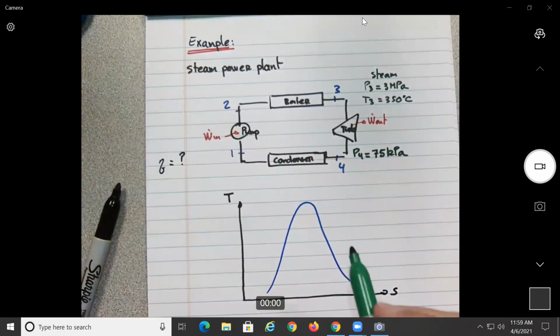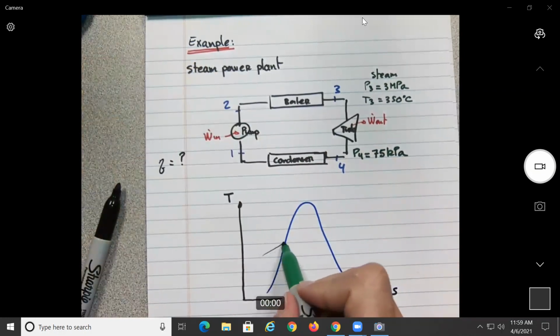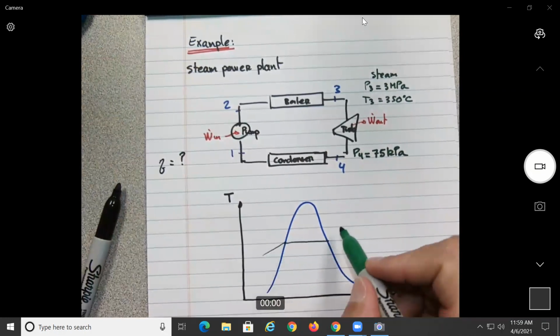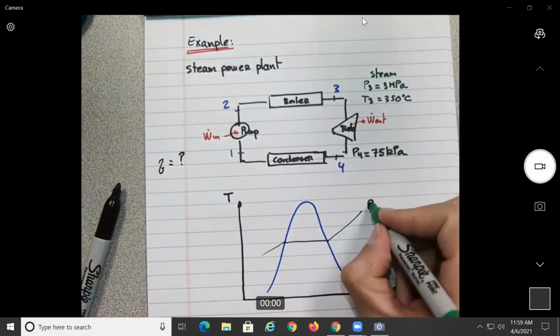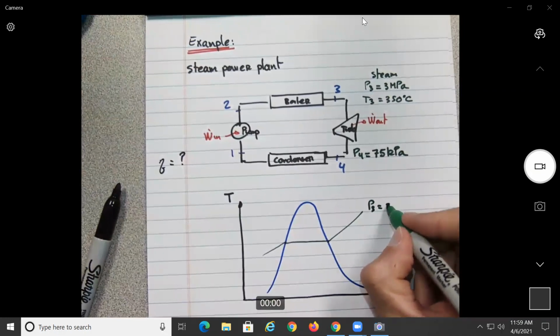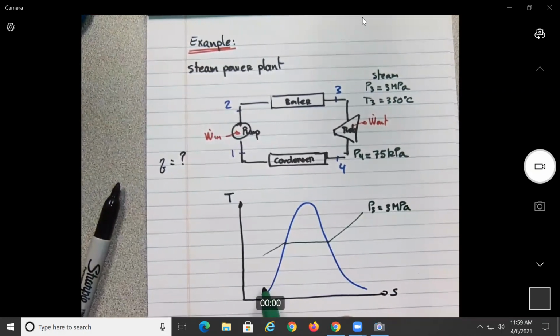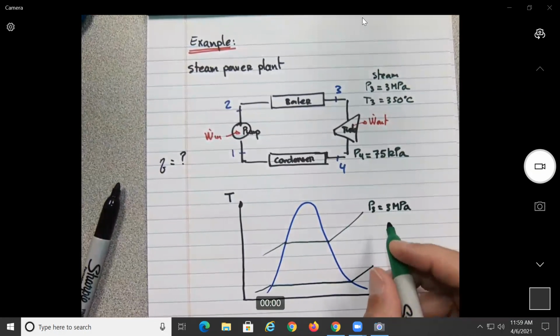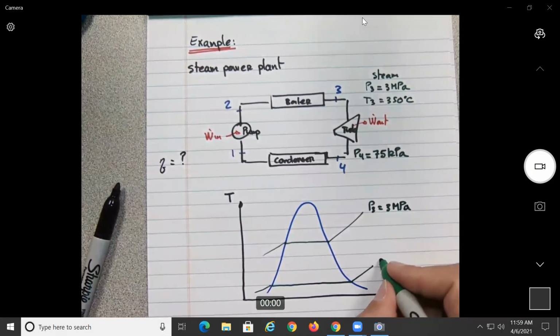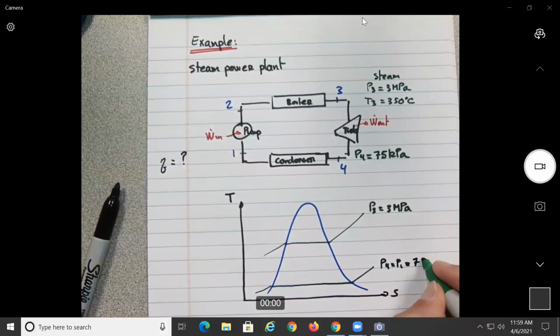So in our case, what do we have? We are operating here at P3 equal to 3 megapascals. And our lower pressure here, let's say this will be P4 or P1, would be equal to 75 kilopascals.